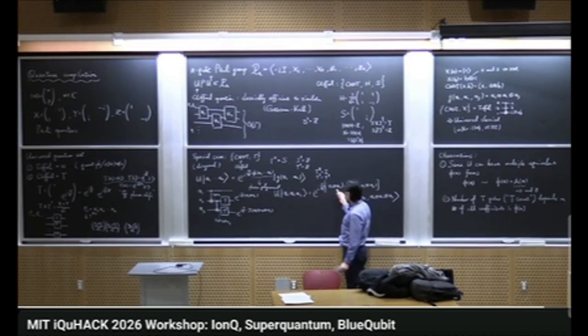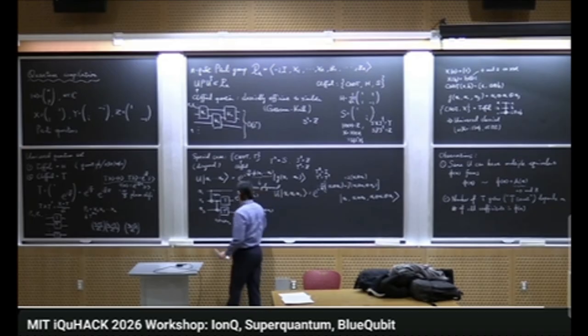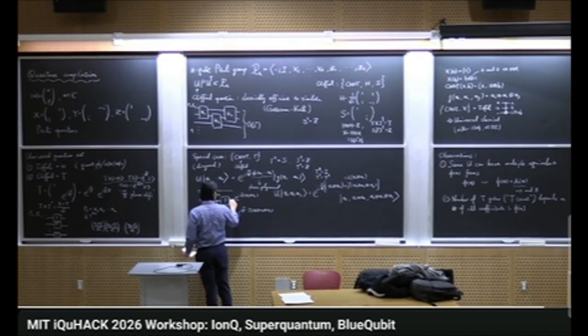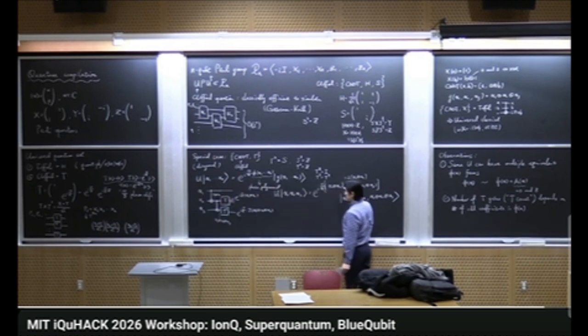But imagine if I add something like 2x1x2. This will correspond to a T squared, which is an S gate, so I'm adding an S gate here. This gives me an even term.